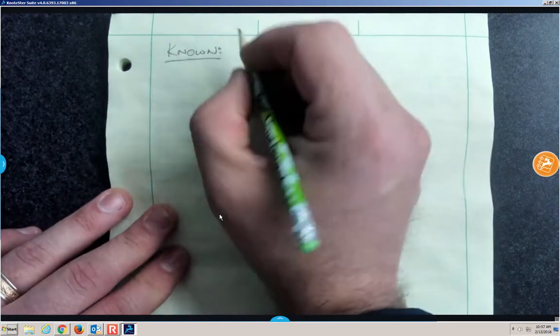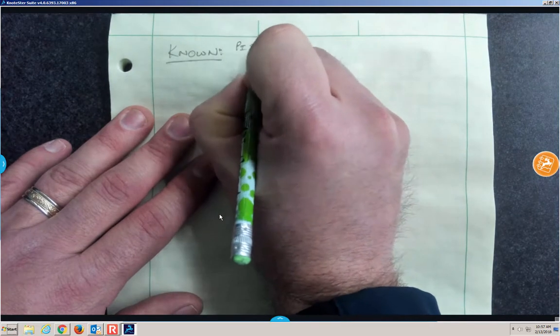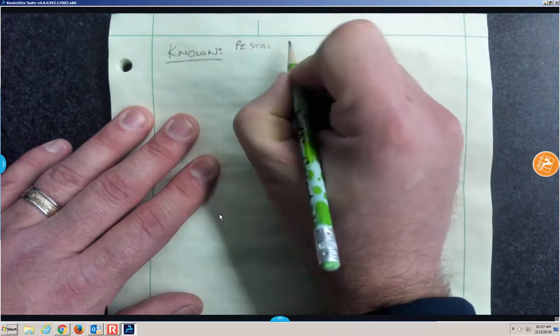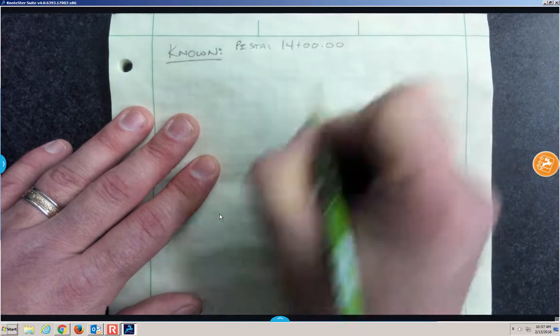The knowns from our problem given to us: the PI station is 14 plus 0.00.